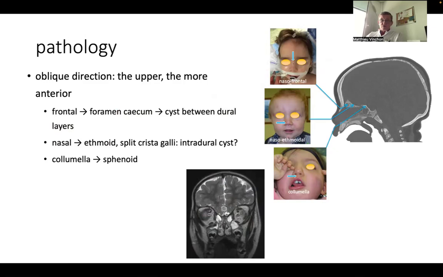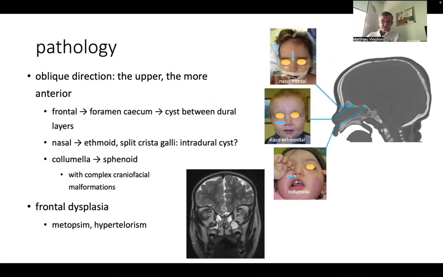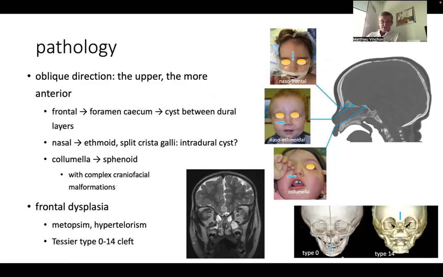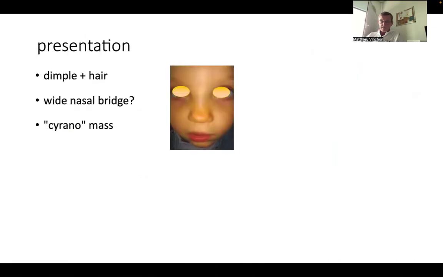The columella, which is the lowest and the most complicated, and hopefully the rarest of these cysts, goes even deeper and more backward, and can be associated with complex craniofacial malformation. And these dermal sinuses are often associated with frontal dysplasia, with metopism, with hypertelorism. And these are illustrations of Tessier clefts type 0 and type 14.